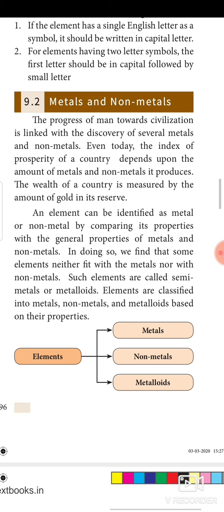Okay, so even today, the possession of metal is the index of a country's wealth. The wealth of a country is measured by the amount of gold in its reserve. For example, our money value is lowering means the rate of gold is rising.